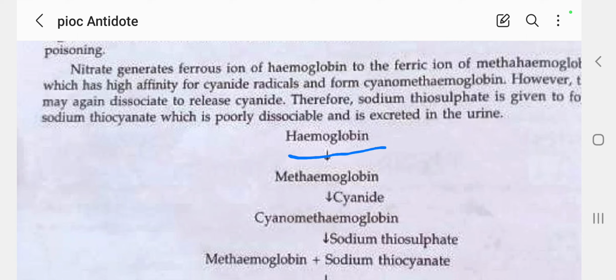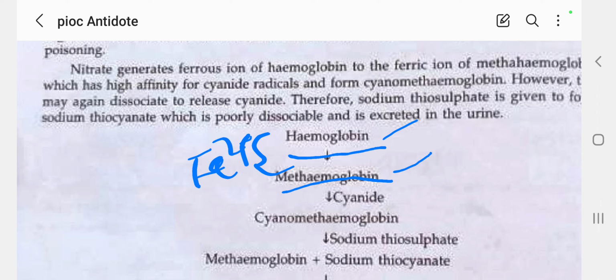First, the ferrous form of hemoglobin is converted into the ferric form of methemoglobin. That means Fe2+, the ferrous form, is converted to Fe3+, the ferric form of methemoglobin. Usually in the blood we have only the ferrous form.